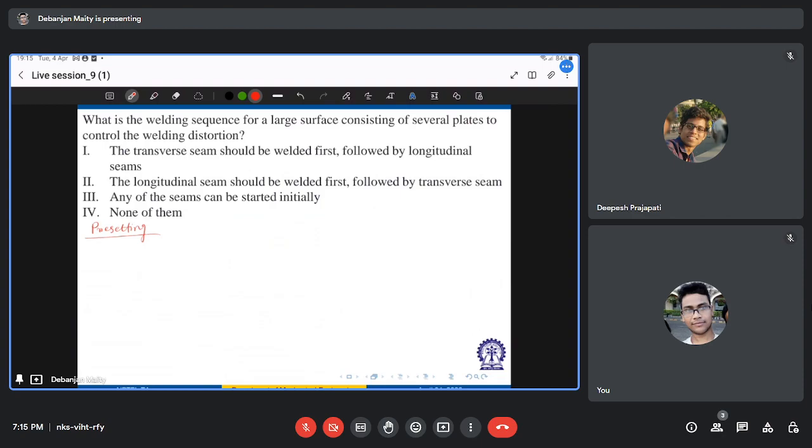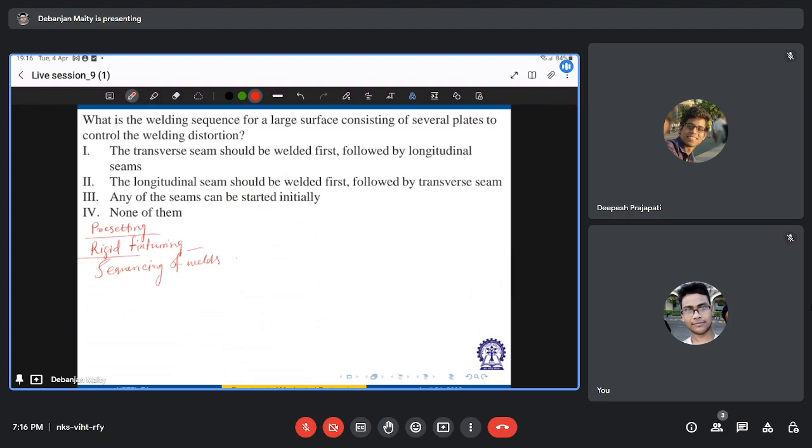Then you can do this rigid fixturing. Then you can do sequencing of welds. Those are the three things I just mentioned. And lastly, I mentioned that preheating can be done to reduce this distortion.